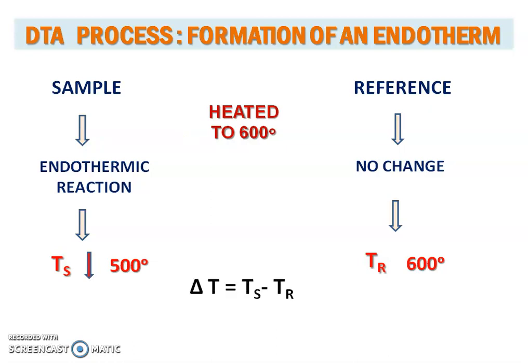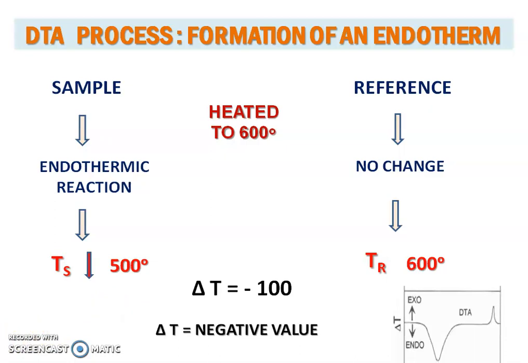So let's go ahead and calculate our delta T, which is TS minus TR, which is 500 minus 600, and this difference is minus 100, which is a negative value. Whenever we plot a negative value, the resulting curve is going to be a downward peak. So a plot of negative delta T versus temperature will result in a downward peak in DTA.